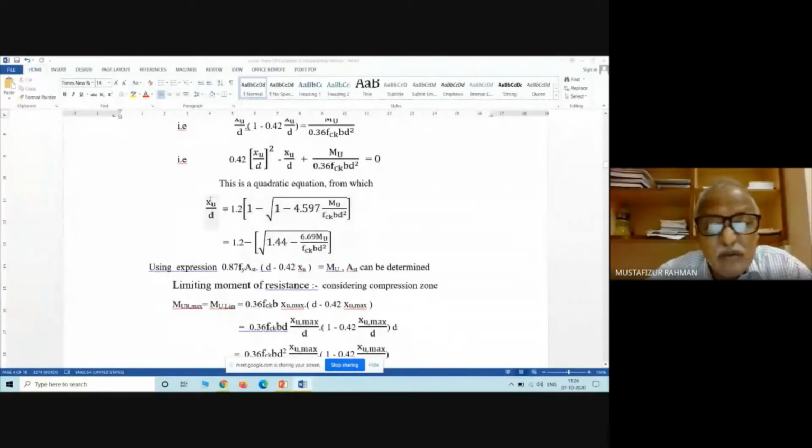So ultimately we got one expression: xu by d is equal to 1 minus the square root of (1.44 minus 6.69 Mu by fck b d squared), divided by 0.84 bracket. Do you feel that this bracket is required, or can we solve it without the bracket?